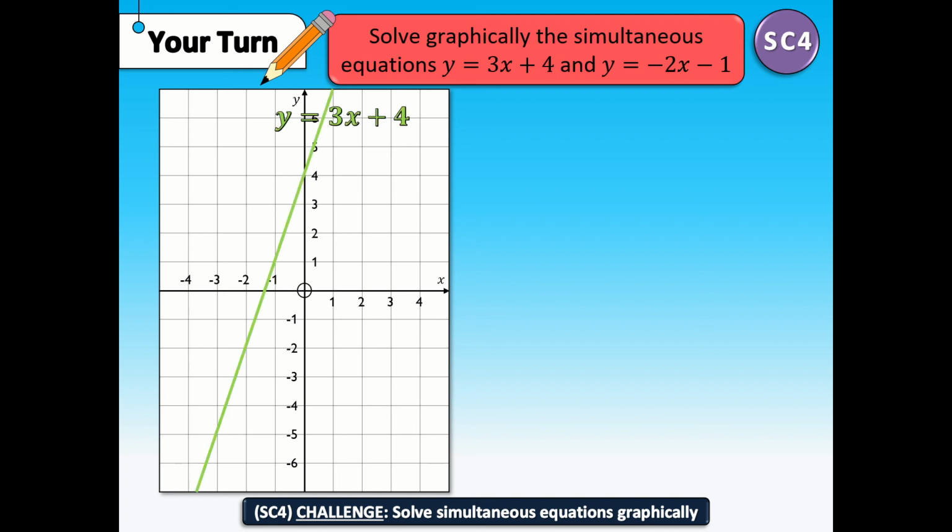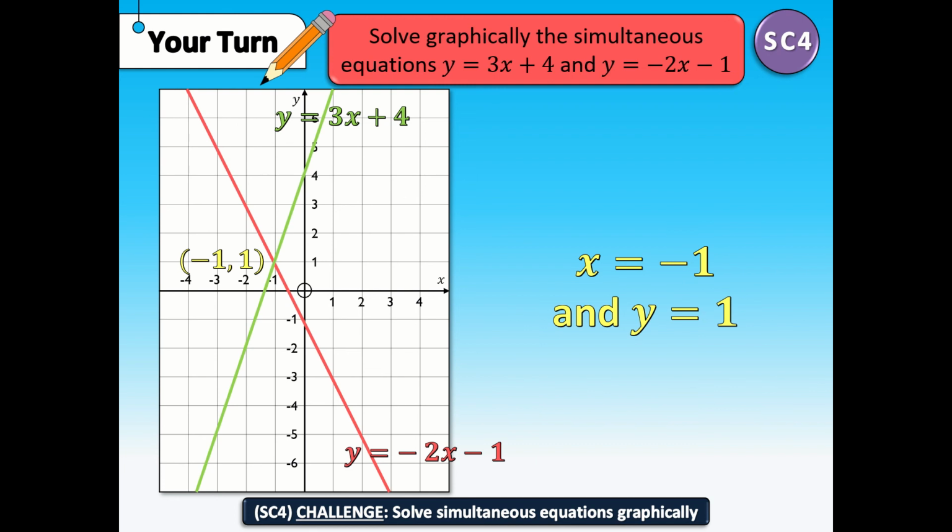So we draw y equals 3x plus 4 on the graph, and we draw y equals minus 2x minus 1 on the graph. Then we have a look to see where the two lines cross, and that's at the point minus 1, 1. So that tells us that x equals minus 1 and y equals 1.